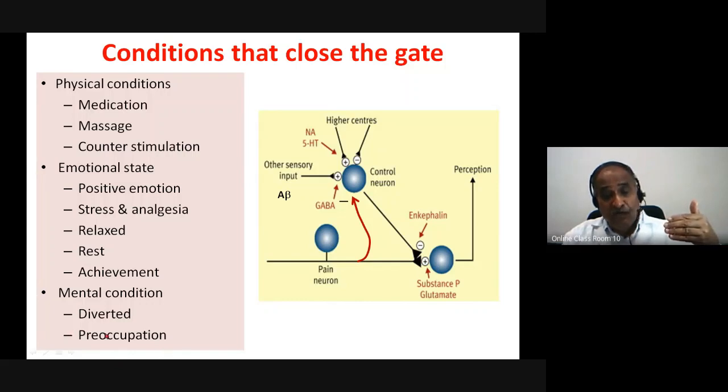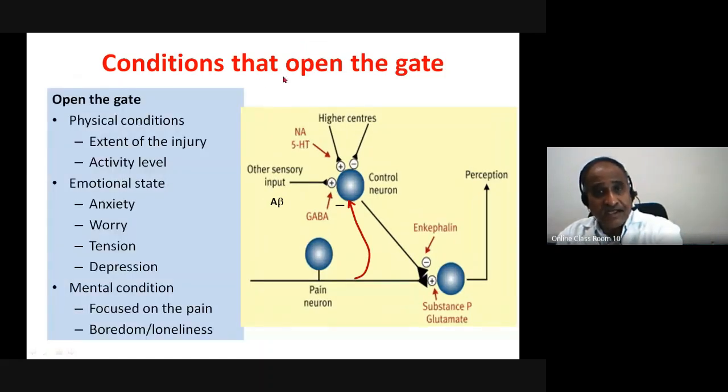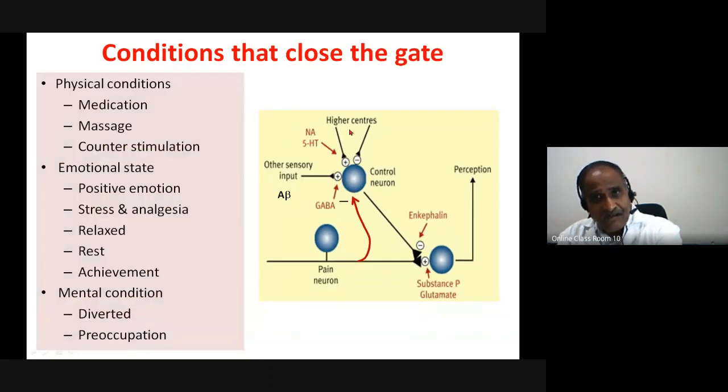Or preoccupation: the music, sports, and other activities will all close the gate. In these two slides, I have said which things open the gate and produce the pain, and which things close the gate and will stop the pain.